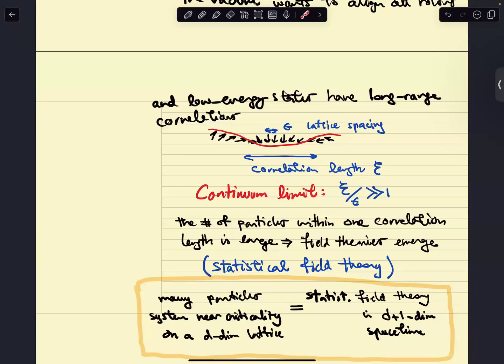We said that a single particle classical system was field theory in 0+1 dimensions. Here, many particles, if they're near criticality and organized on a d-dimensional lattice, give you a statistical field theory in d+1 dimensional space-time. Any questions about this?